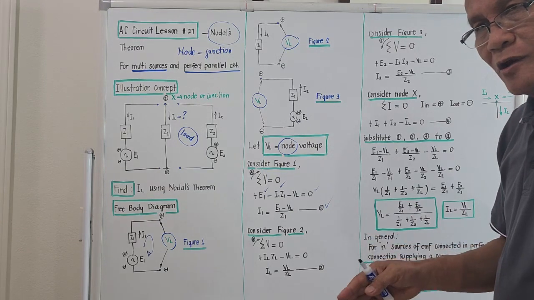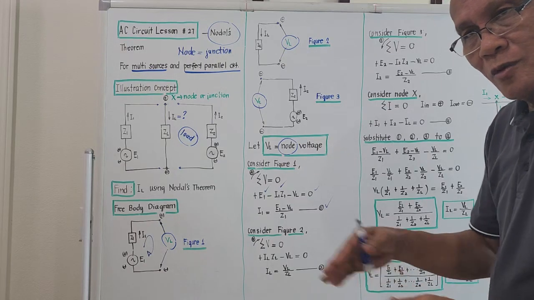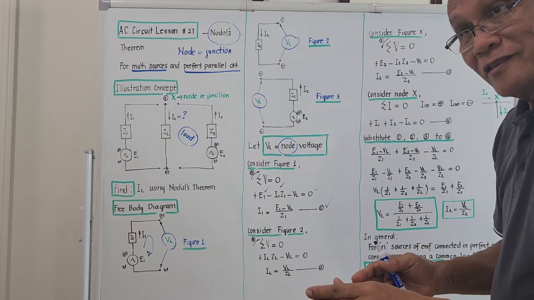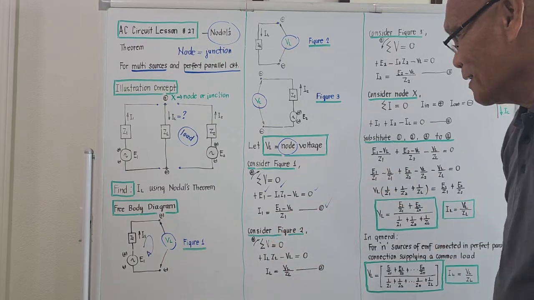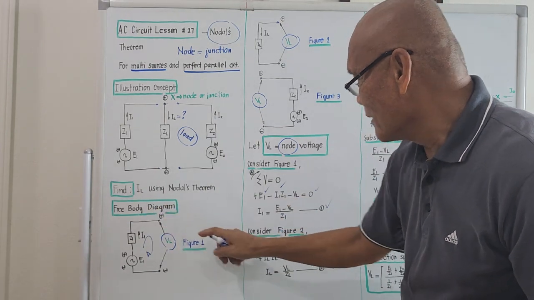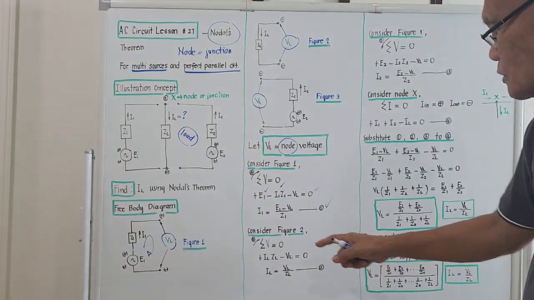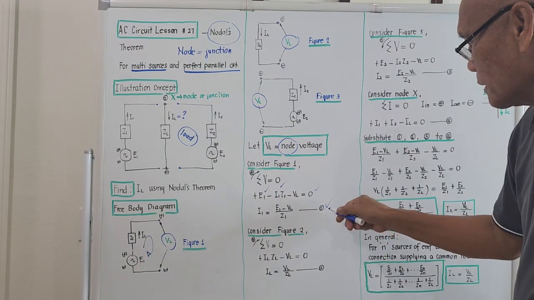It seems we are on algebra, because under the study of algebra, you try to formulate your own equation. That's our problem. So after taking the summation of the voltages considering figure 1, what comes out is I1 equals E1 minus V sub L over C1. We call that equation number 1.